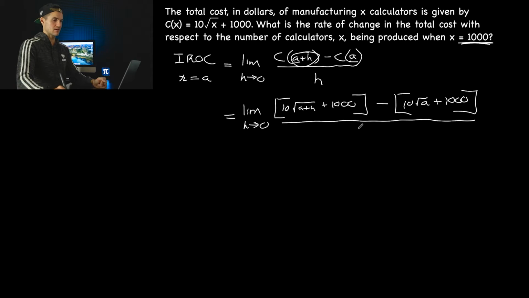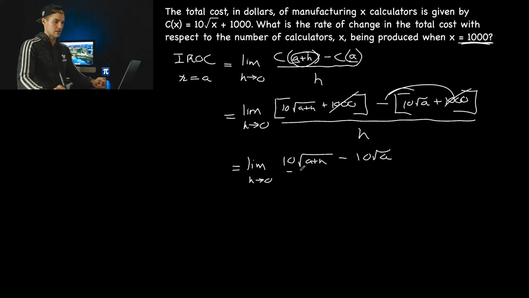And then that here is going to be all over h. And then here, if you simplify this, we want to distribute the negative inside the bracket, and then notice what's going to happen is the 1,000s would cancel out, and we would just end up with 10 root a plus h minus 10 root a, and that's going to be all over h, like that.